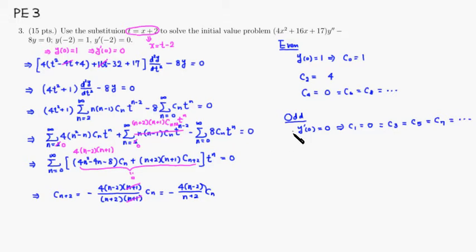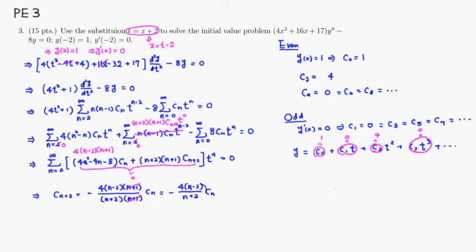So remember that you have a power series. Y is equal to C0 plus C1t plus C2t squared plus C3t cubed, and so on, right? And we know that all the odd terms are 0, so this is 0, and this is 0. Then we know that C0 is 1, and C2 is equal to 4.